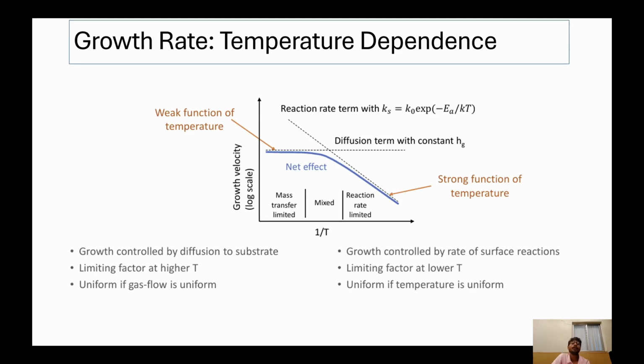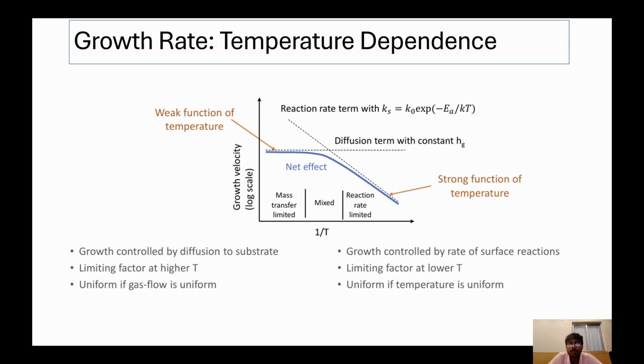Okay, now let's come to the temperature dependence. We have two parameters: one is temperature, one is pressure. And there are two regimes. Pressure we have already seen. The other parameter is temperature. There are two regimes: one is reaction rate limited, another one is diffusion rate limited.